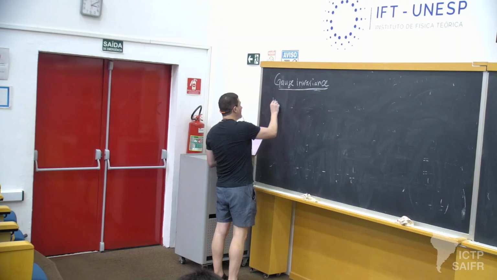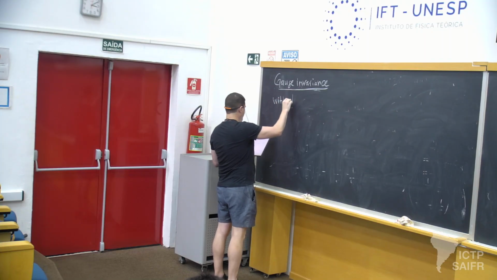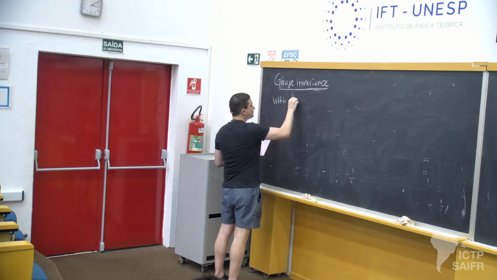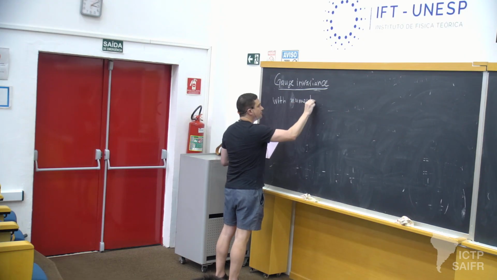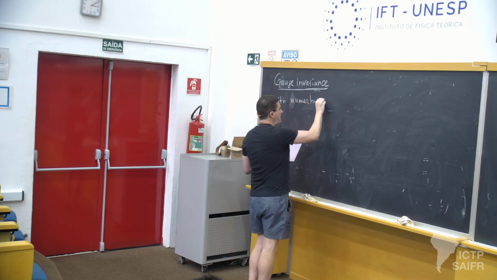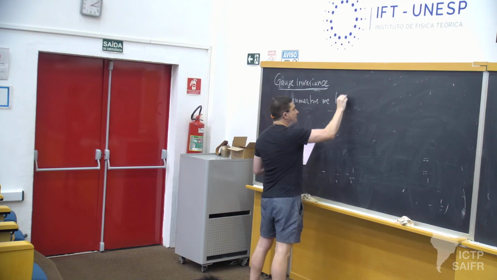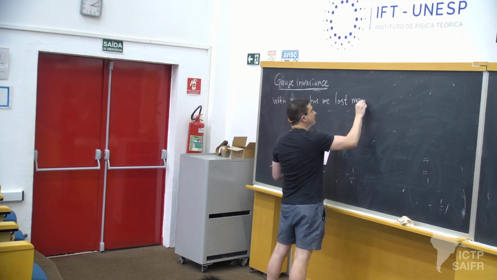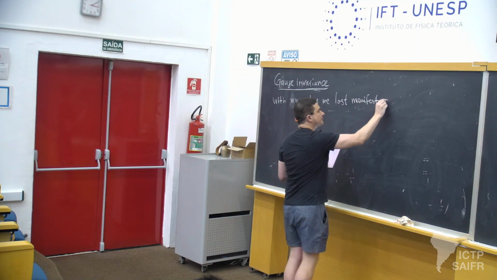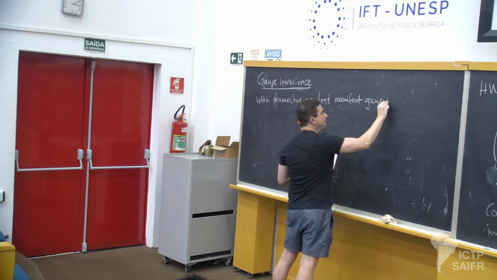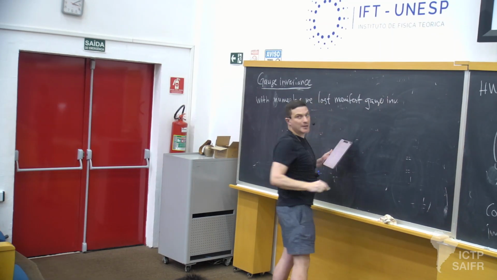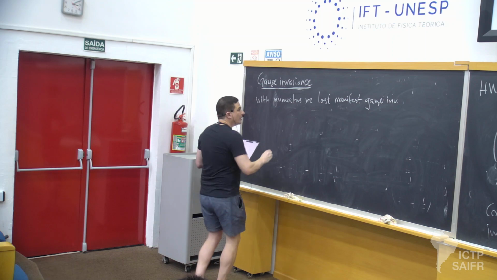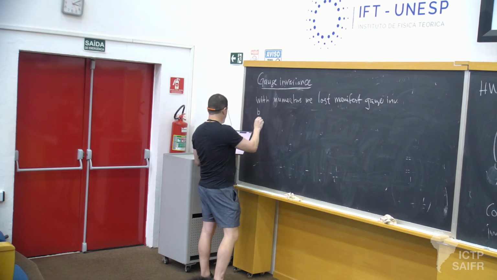So with the numerators, we lost manifest gauge invariance, because they are not gauge invariant. But we gained something else.